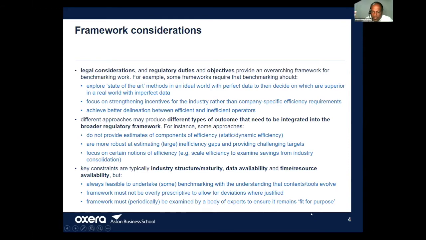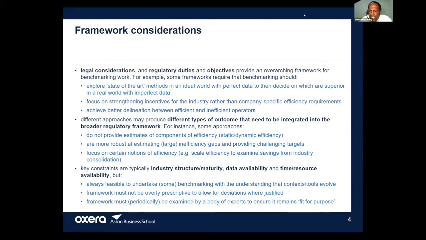In Norwegian energy regulation, the regulator's focus is more on strengthening the incentives of the sector as a whole, rather than identifying precise estimates of efficiency. As we know, different approaches can provide different outcomes, but they should be aligned with the broader context. So if a regulator is interested in consolidating the sector because it is very fragmented, the method used should be able to provide an estimate of scale efficiency, for example. That could then be used by the regulator.